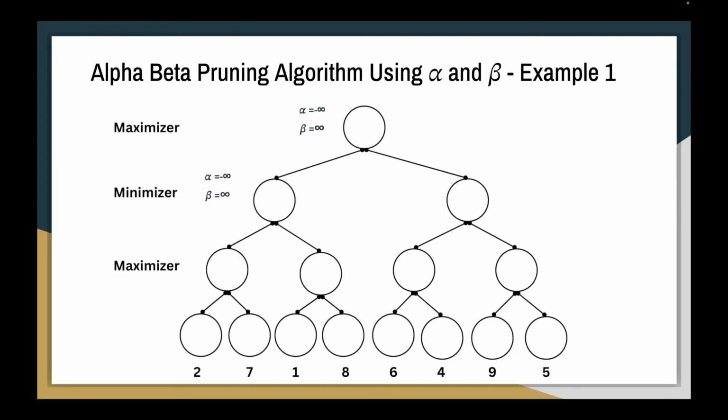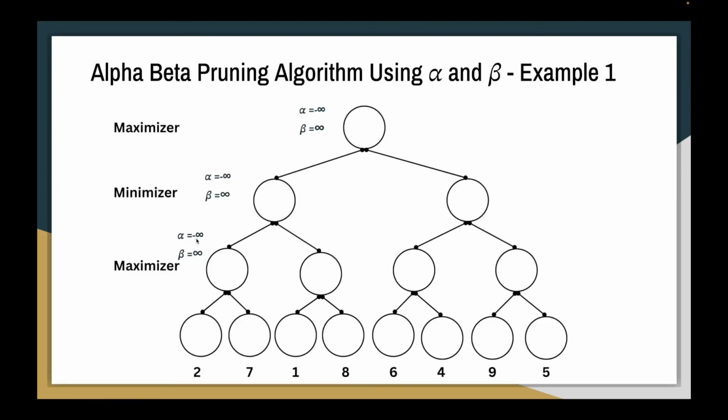When the value reaches the next maximizer, alpha is minus infinity and beta is infinity. Now, when it sees the first leaf node value, 2, the higher value compared to alpha, because this is a maximizer, the maximizer will compare only the alpha value with the node.